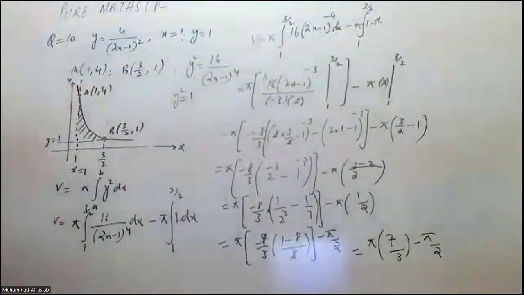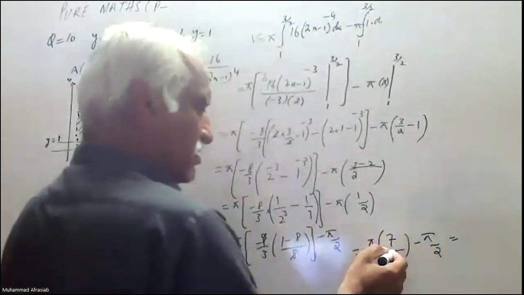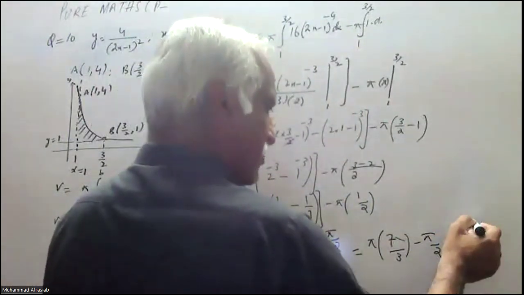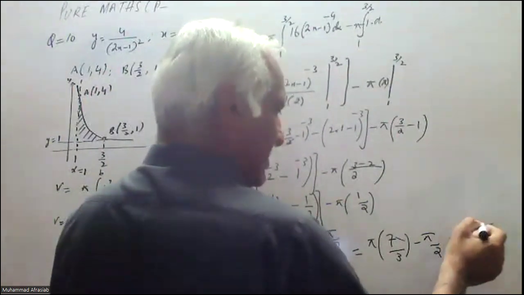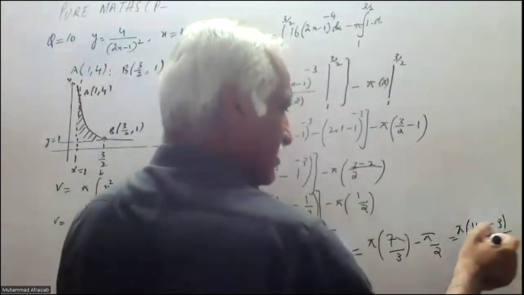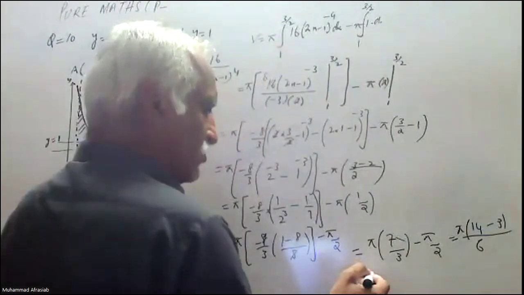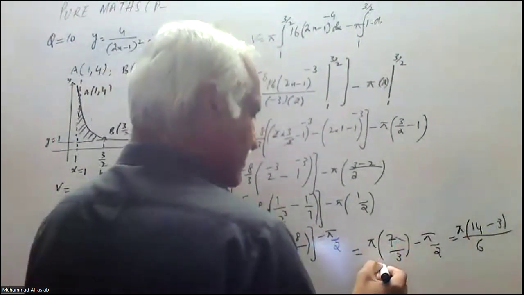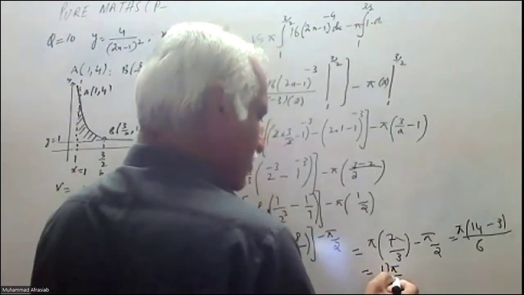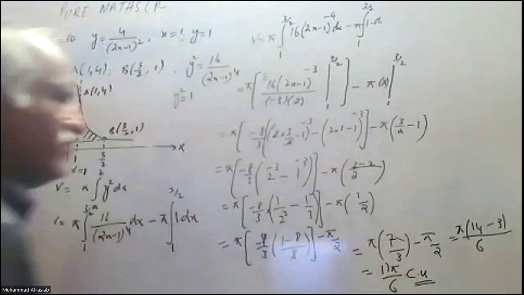And finally, this value will be equal to pi, 14 minus 3 divided by 6, or it is equal to 14 minus 3 is 11, so 11 pi over 6 is the final answer for the volume of this solid.